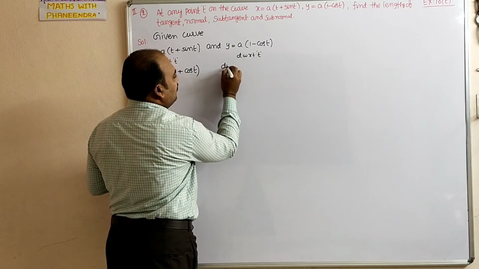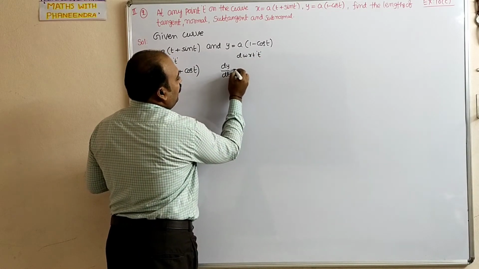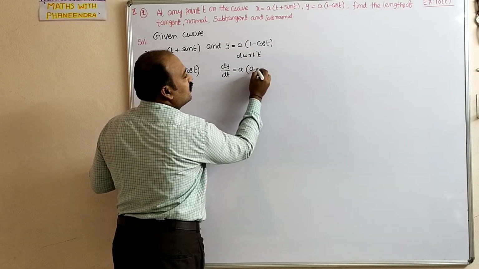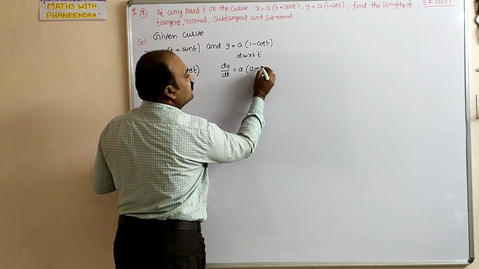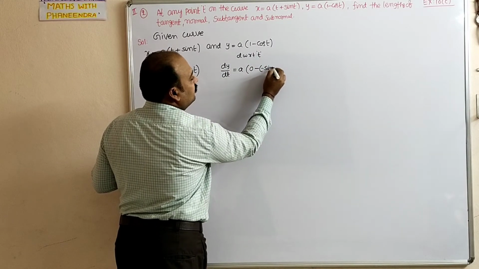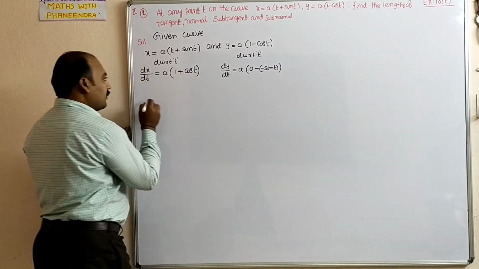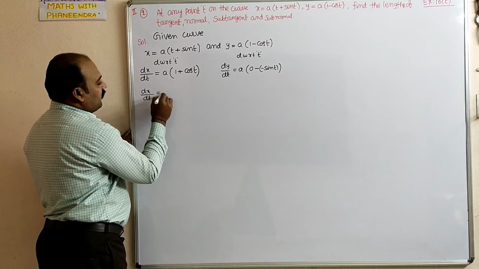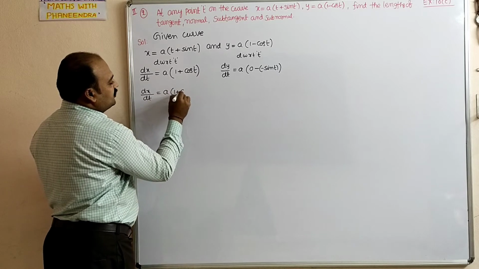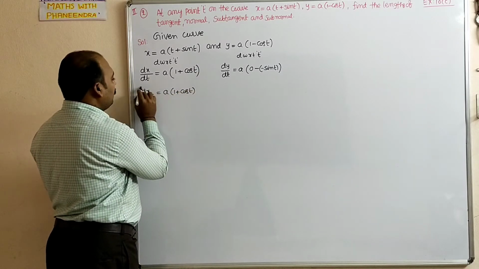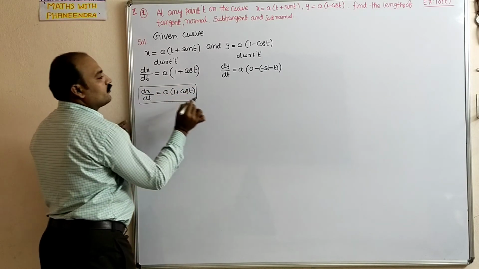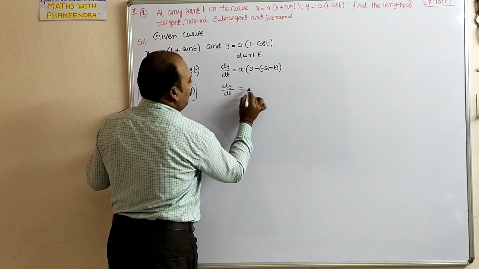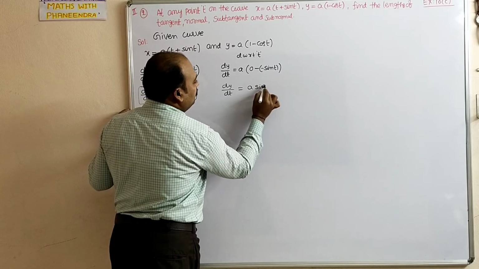Y derivative is dy by dt: a into constant 1 derivative 0, minus cos t derivative is minus sin t. So therefore dx by dt value is a into 1 plus cos t and dy by dt equal to a sin t.